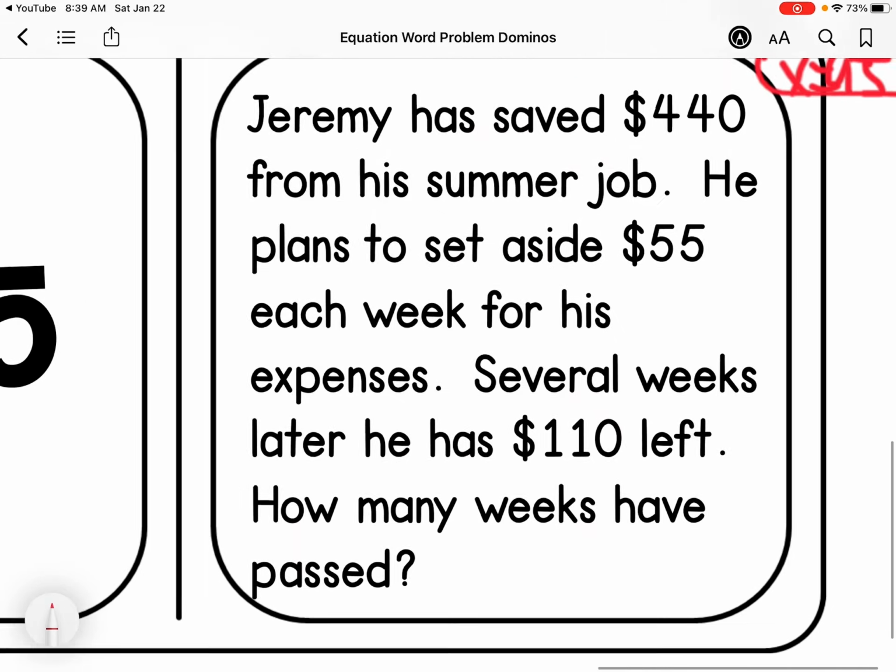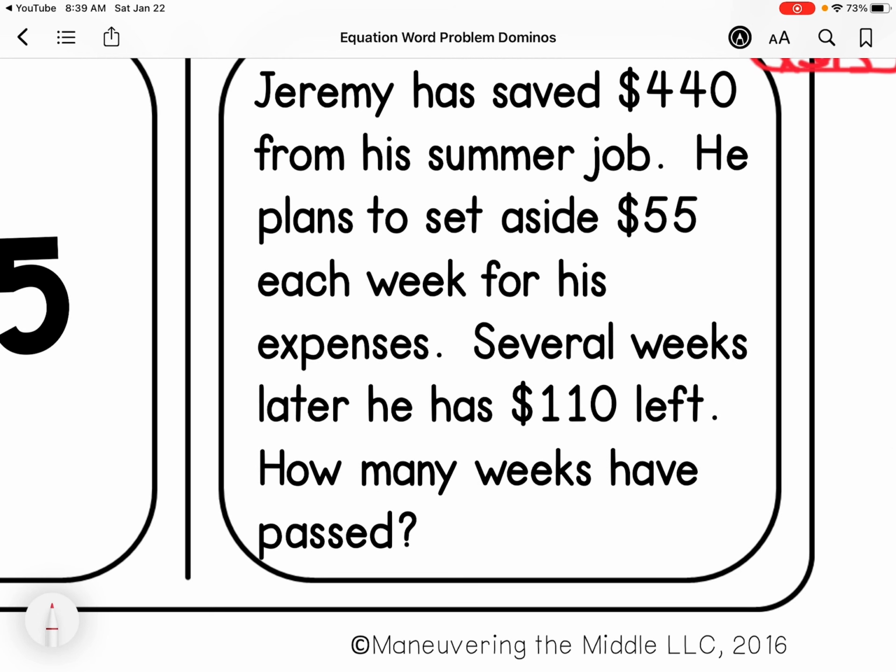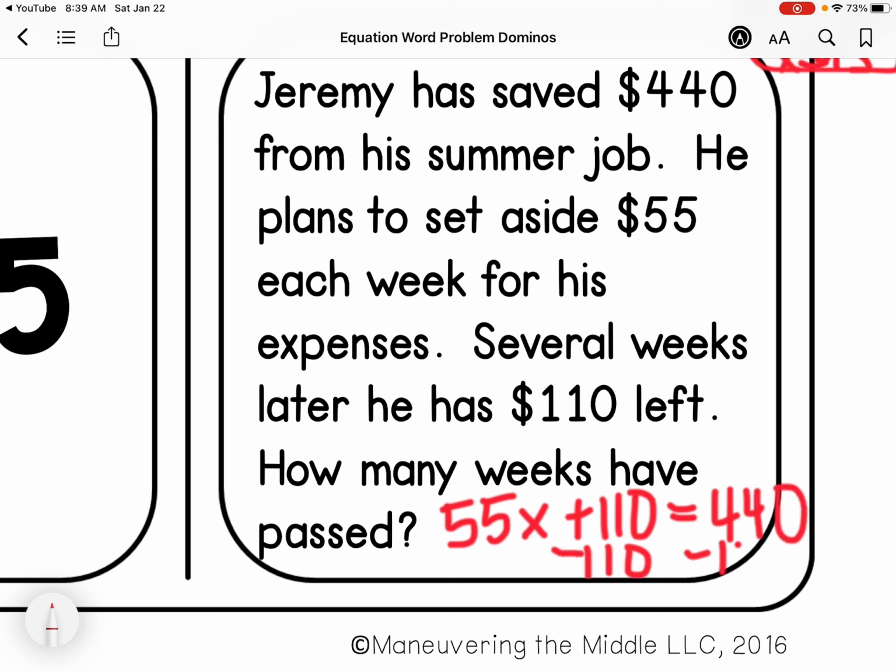All right, Jeremy has saved $440 from his summer job. He plans to set aside $55 each week for his expenses. Several weeks later, he has $110 left. How many weeks have passed? Well, I know that I have $55 for each week, and I have 110 left, and I started with 440. So I'm going to subtract off how much I have left.